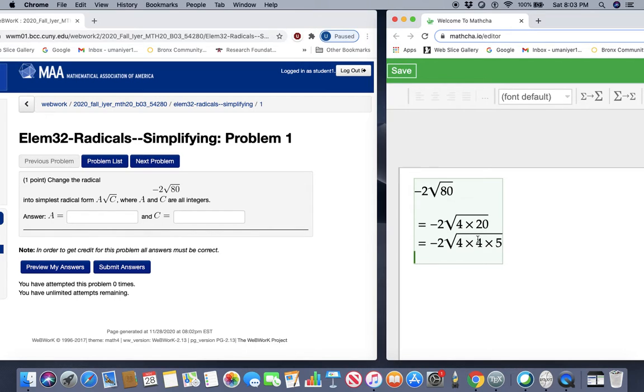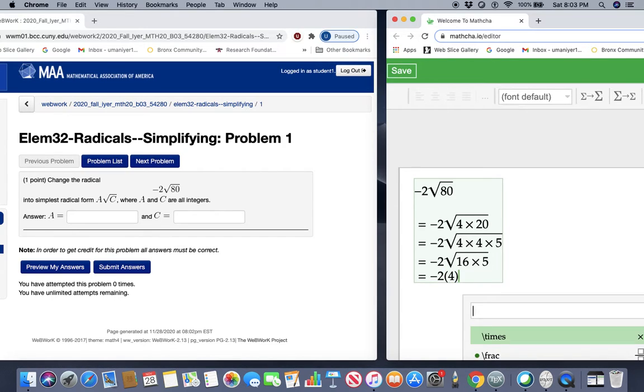So notice 4 and 4, they are repeating. So why don't I take 2 times 4 times 4, that is 16, times 5 inside. That is negative 2 square root 16 times 5.